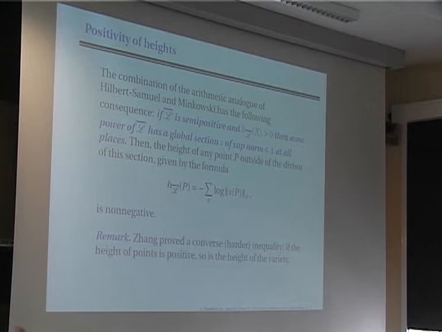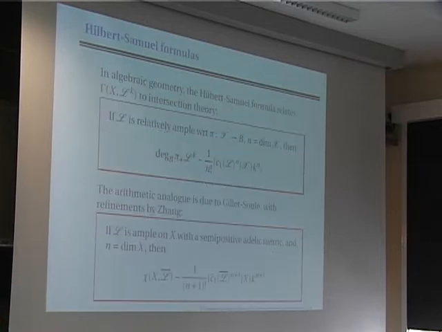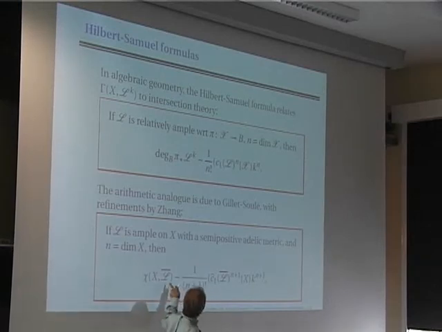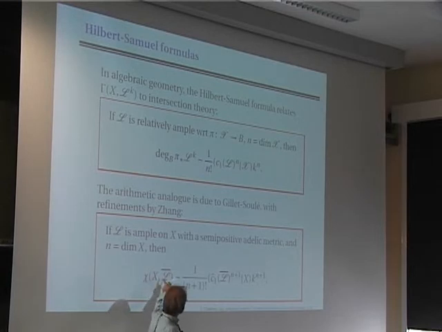So if you combine both theorems, Minkowski and Hilbert-Samuel, then you get the following result. Assume that L bar is semi-positive, which is the analog of a vertical positivity, and assume that the height of the variety X is positive. Then you will find many sections for powers of L bar, and this number will be big when k goes to infinity.